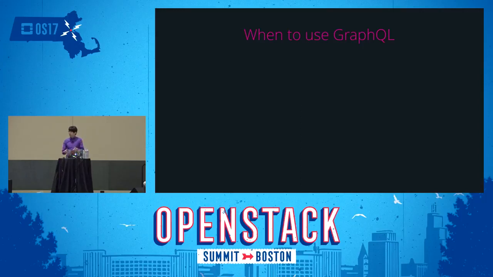For example, I wouldn't want people to use GraphQL just because they think it's cool or because it's new. But aside from the specific problems that GraphQL helps you address, there's another dimension to consider, which is when. So you think you have a problem like this, but when should you deploy GraphQL? And this comes up frequently enough that I think it's worth addressing in a fairly general way.